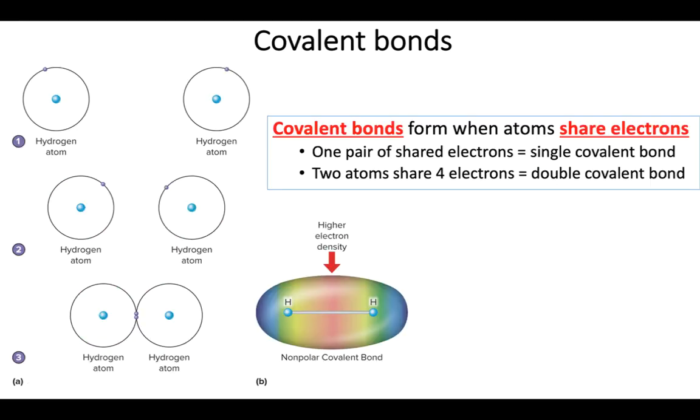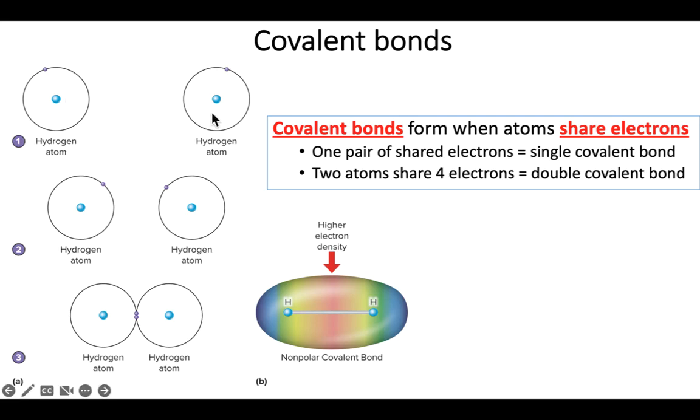Let's look at covalent bonds. These are going to be the strongest of the three. And the key here is sharing of electrons. When you have two atoms, they can share. And again, that basically makes a paired up electron, and it makes them happy. So hydrogen bonds with hydrogen.